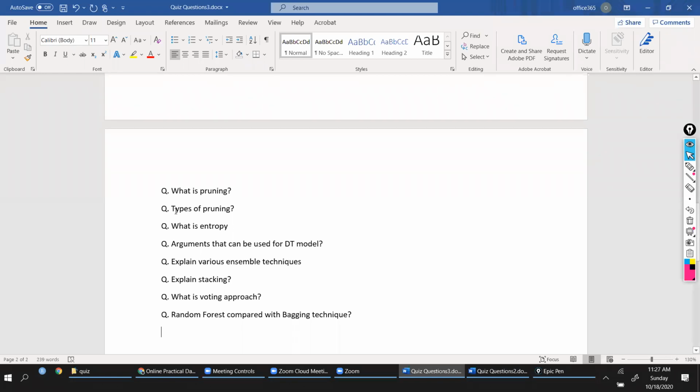For random forest, what is the library? R package and Python library, guys. What are the packages used for random forest?